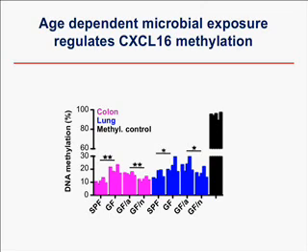And what they observed counterintuitively was that there was hypermethylation of that locus in the germ-free mice. And we always think about the methyl signature as turning off genes. But in this case, it would appear that it was turning on the gene. And again, this hypermethylation signal in the lung and the colon was only normalized if the microbes were given in those first 2 weeks of life. So there's a critical window for epigenetic modification of the CXCL16 gene.